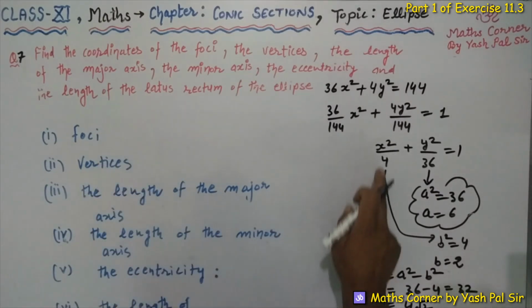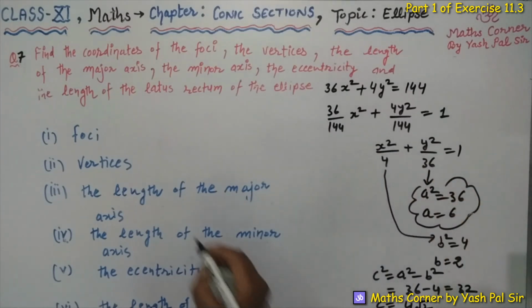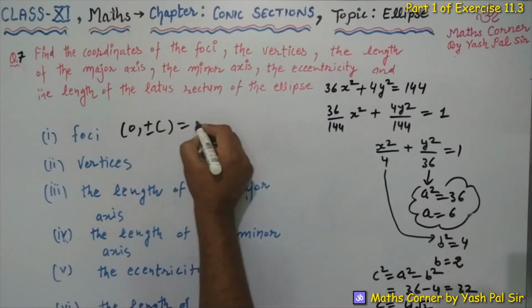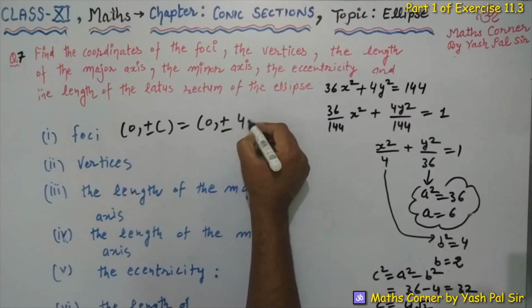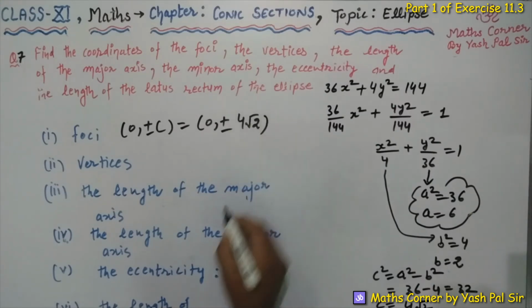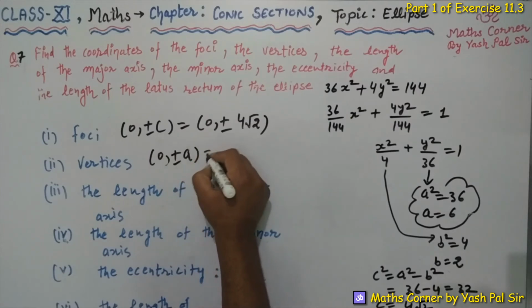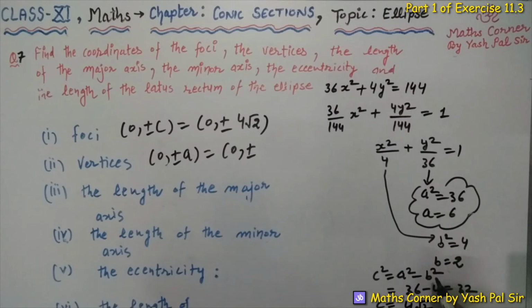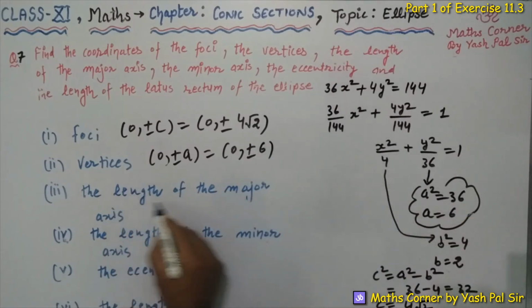Okay, now coming to foci, y square upon a square is the form of the ellipse. Foci is 0 comma plus minus c, so this is equal to 0 comma plus minus 4 square root of 2. Vertex is 0 comma plus minus a, what is a? a is equal to 6.